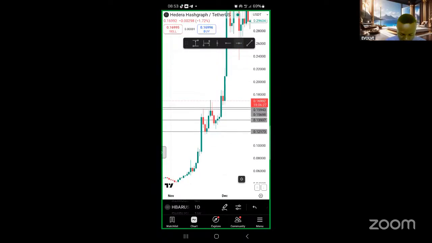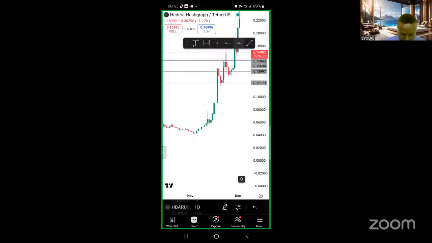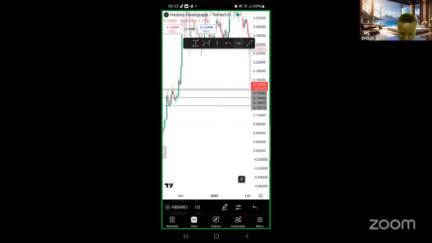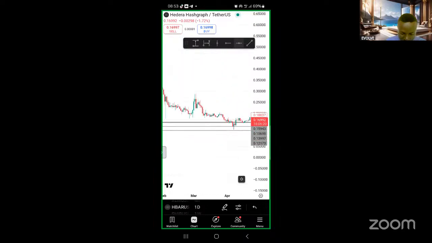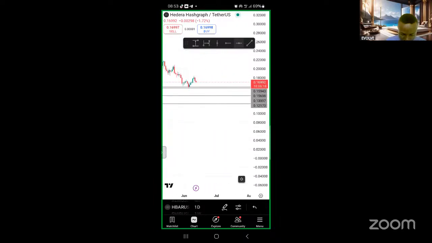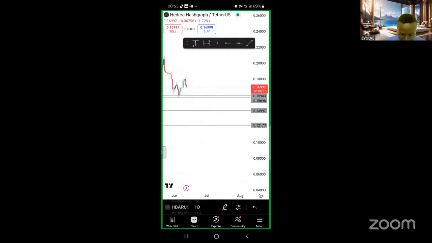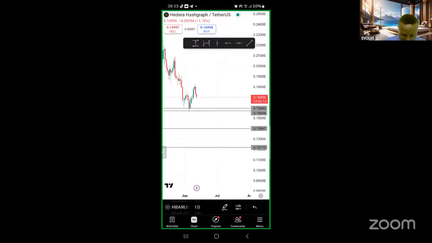I think those are enough. Is that okay? Now let us measure and see, from the current price to the last support line. Let's see. From here, going down to the last line.